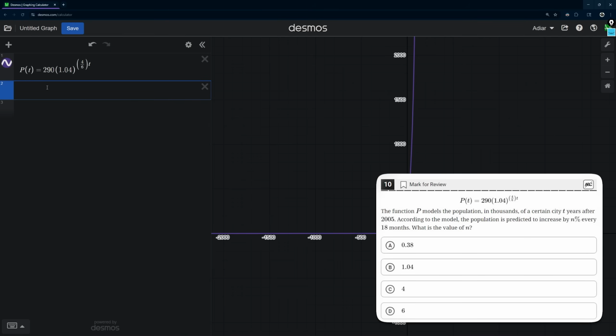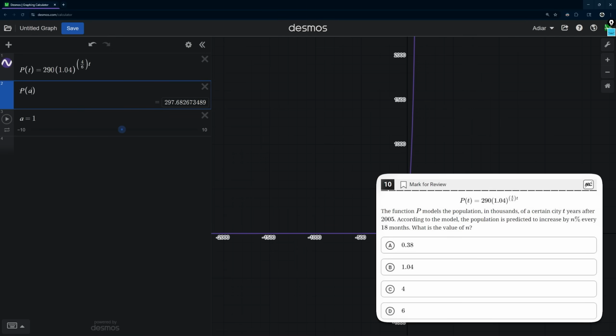So I can just say A to denote any time. It doesn't really matter. If I make a slider, P of 1 means that 1 year after 2005, our population is at 297, right? So it doesn't matter what our A is, but we'll call P of A our original value.